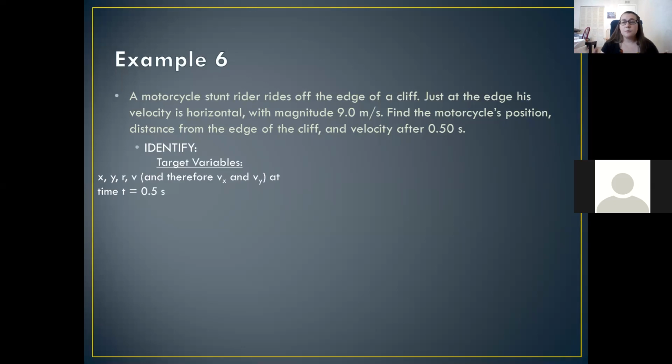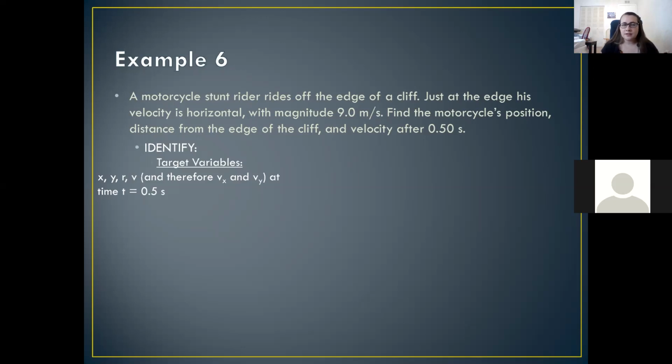So we're looking for the position, right, in both x and y. We're looking for the distance from the edge of the cliff. So I called that r just to be consistent with what we saw in the previous example. r is our displacement vector's magnitude.